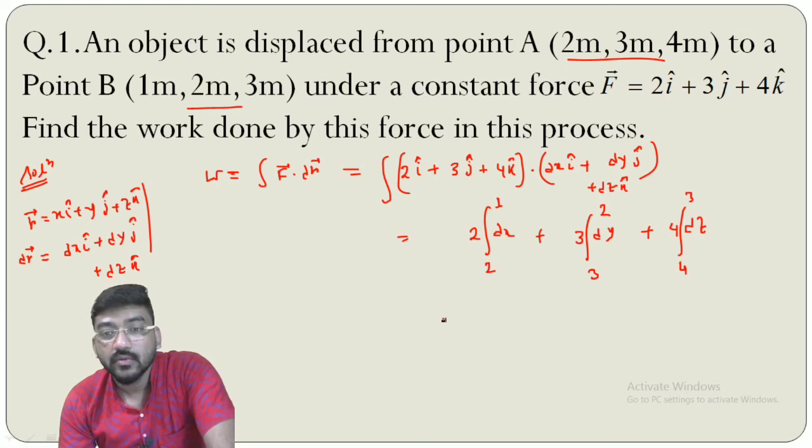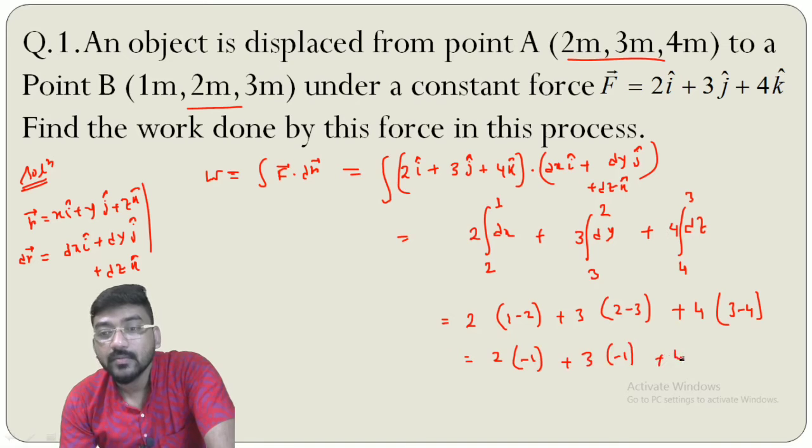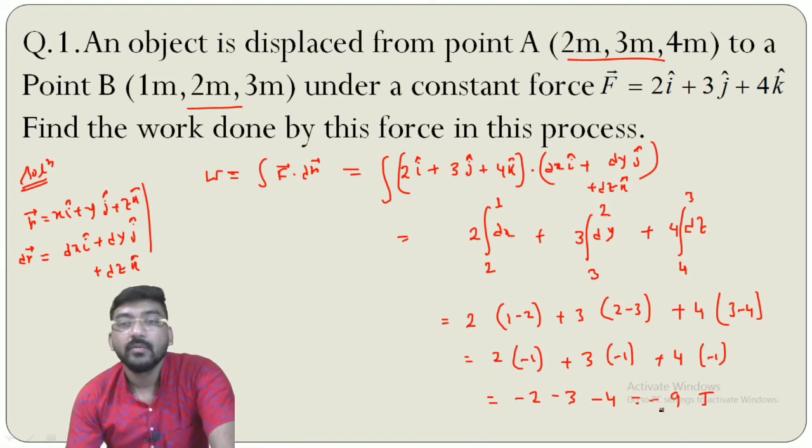So you will get 2 into 1 minus 2 plus 3 into 2 minus 3 plus 4 into 3 minus 4. So you will get 2 into minus 1 plus 3 into minus 1 plus 4 into minus 1. So you will get just minus 2 minus 3 minus 4, so it will be minus 9 joule. So the work done will be minus 9 joule.